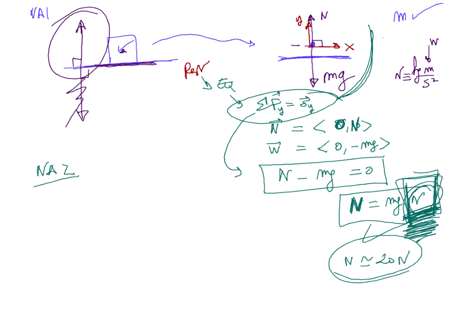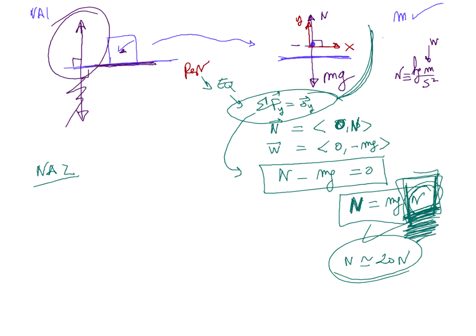Is there any step in NA2 that will be different? Is the free body diagram going to be different? Is the equation going to be different? And is the answer going to be different? And if so, where and how?